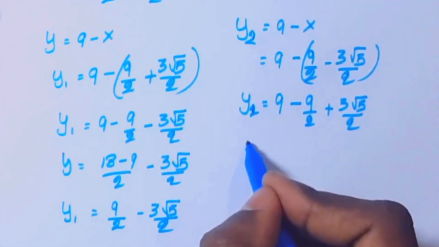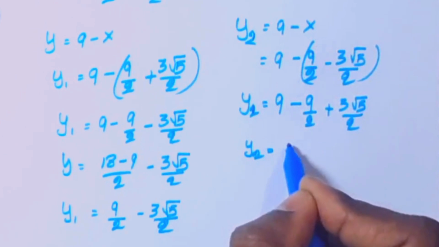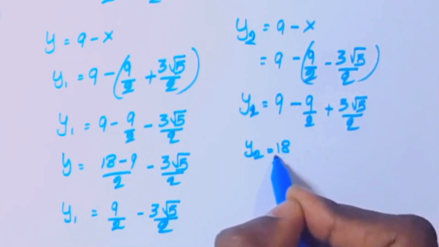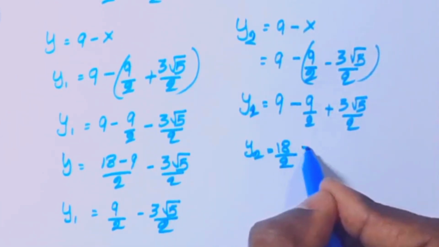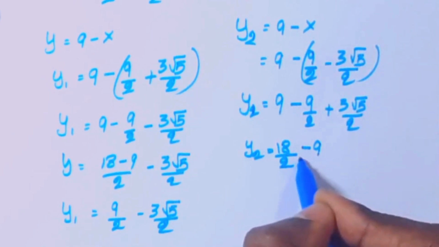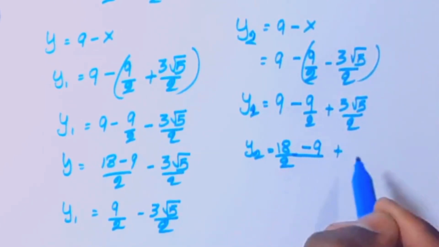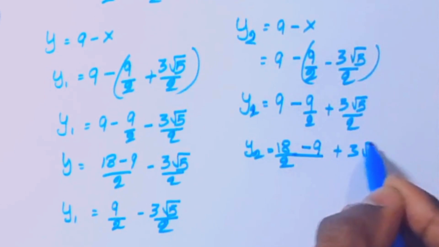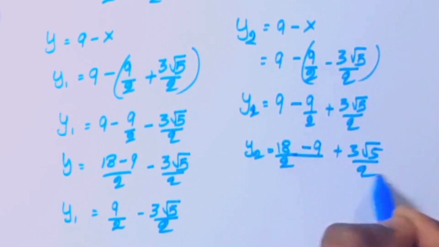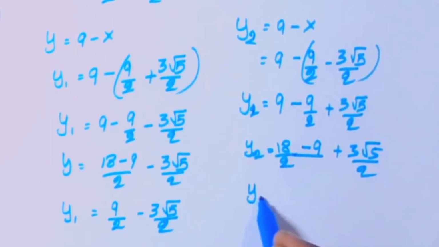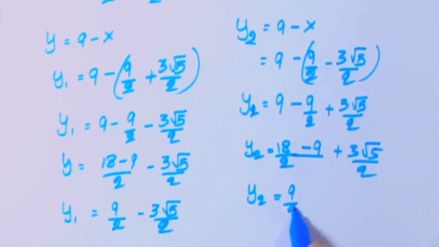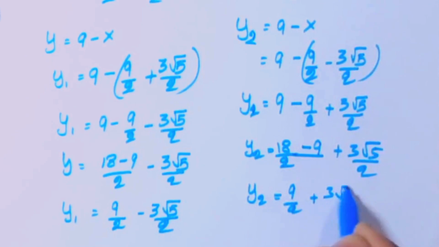Now y2 equal to 18 by 2 minus 9 by 2 plus 3 square root of 5 by 2. y2 equal to 9 by 2 plus 3 square root of 5 by 2.